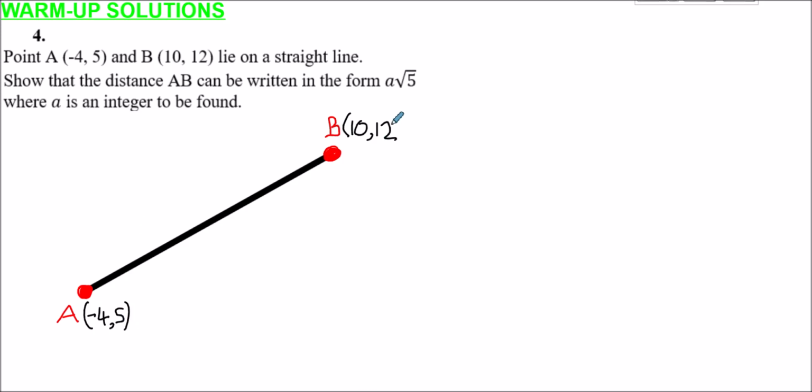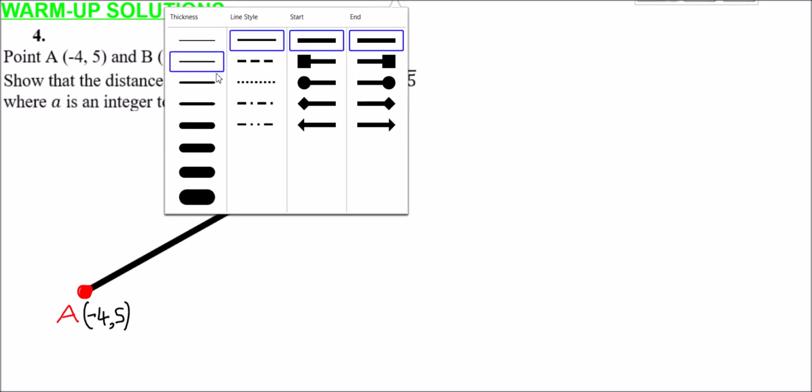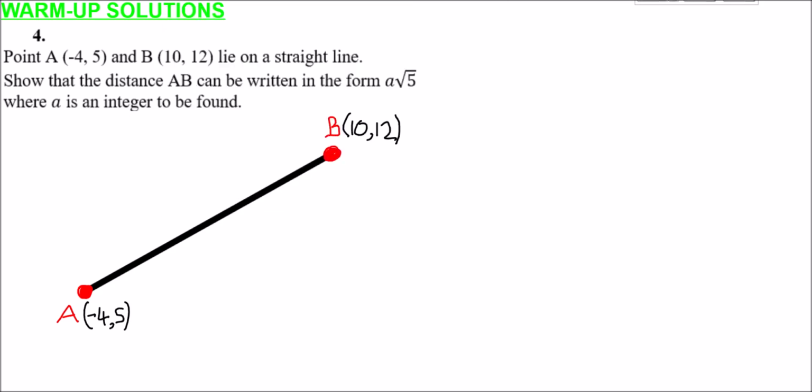Now we can return to, again, something familiar from GCSE. We can work out the distance between this line by using something you might have heard before. We can use Pythagoras. So if we were to apply Pythagoras to this, we can just take the horizontal distance from A to B, and the vertical distance between A and B. I've gone a bit too far there with that line, so let's just shrink that down slightly.